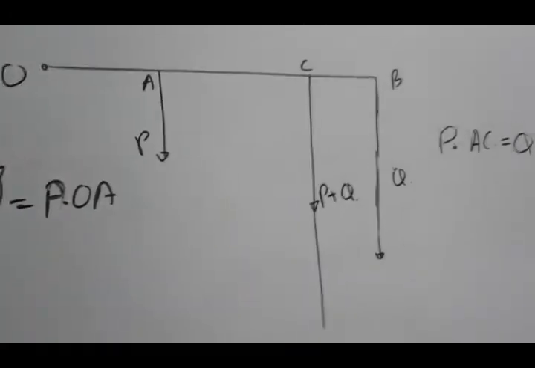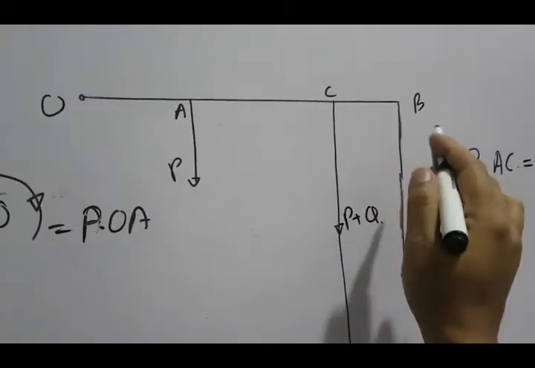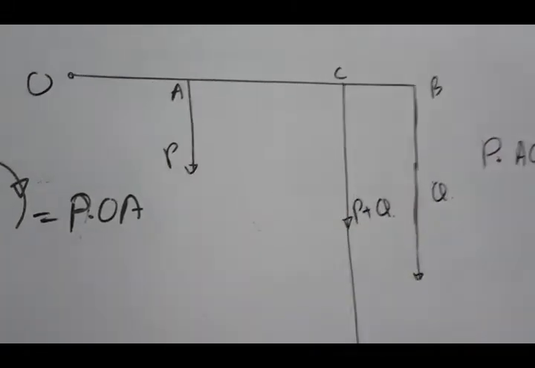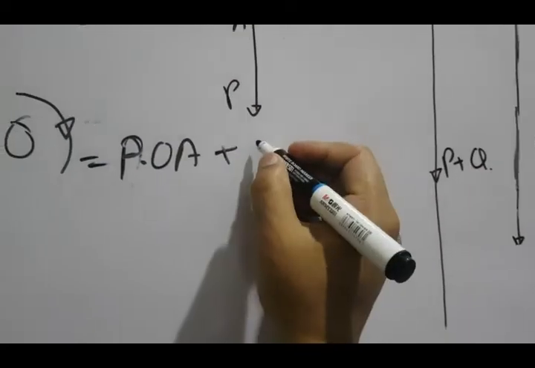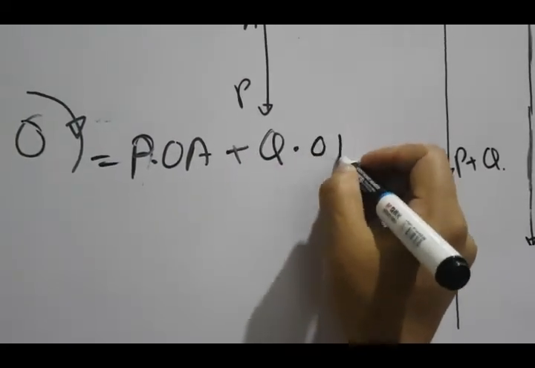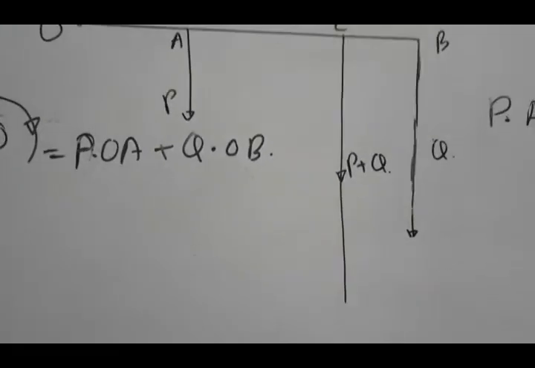What is the other moment? Moment by Q. Q means Q into OB. OB is the perpendicular distance. Plus, so both are in the same clockwise direction. Q into OB, right? So how are we going to prove this theorem?